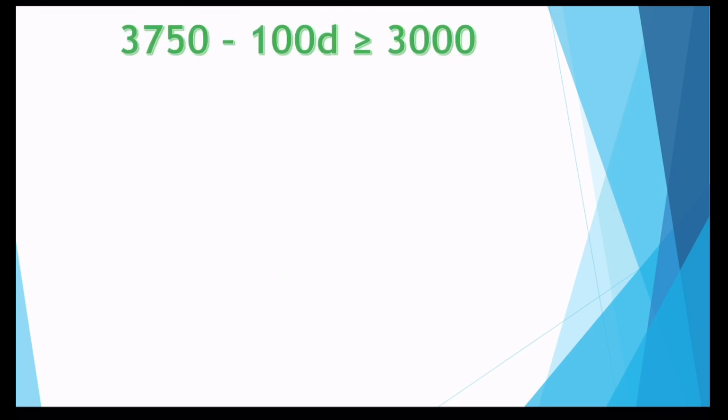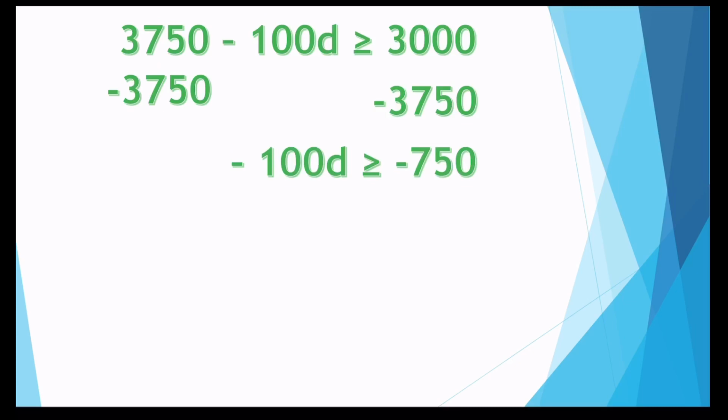So when we solve this, pause now and solve it on your own. Okay. We'd isolate our variable by subtracting 3,750. So that leaves us with 100D. But notice what I have written here. It's negative 100D because that was a minus.